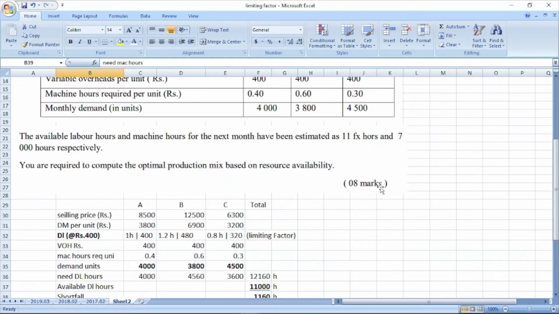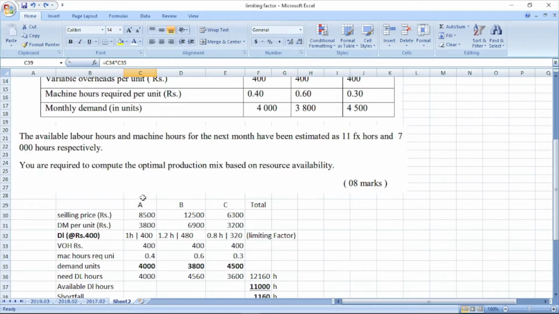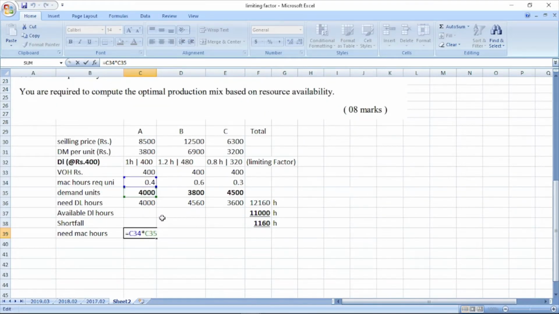Next we look at machine hours, available 7,000 hours. The machine hours we need to produce one A product is 0.4 hours.